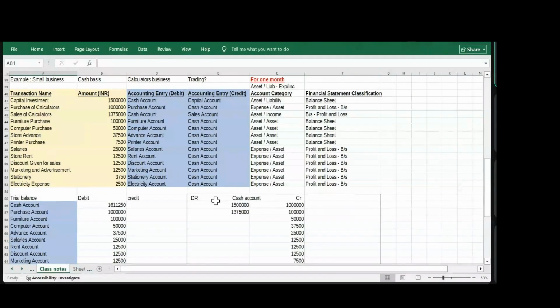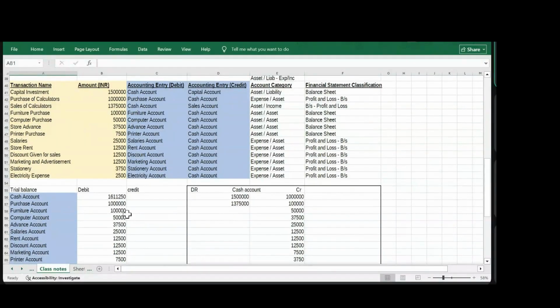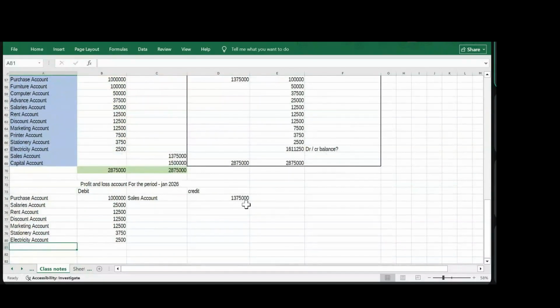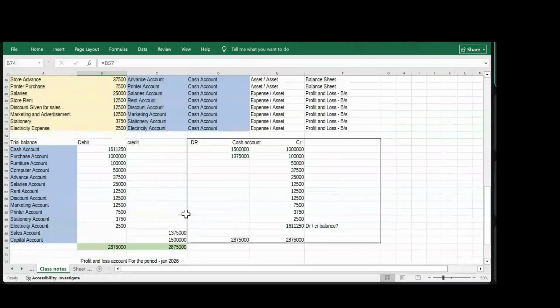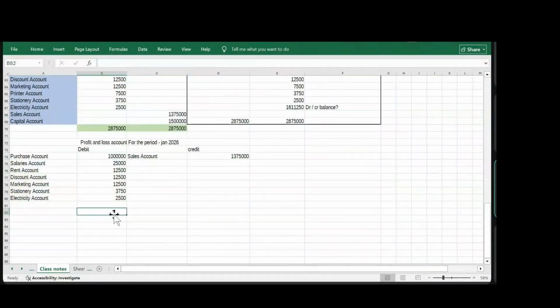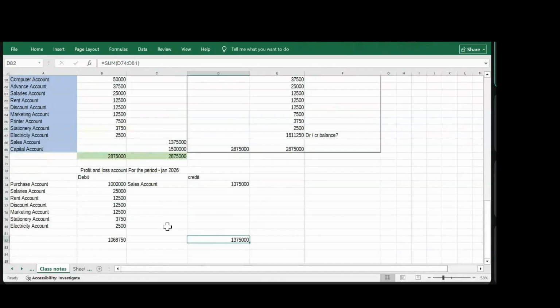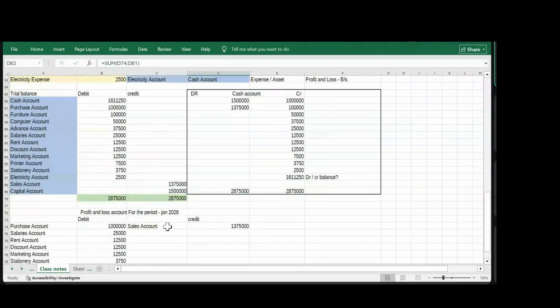Then what we have here on sales, we have sales and purchases. What is the net amount now? What is the difference?